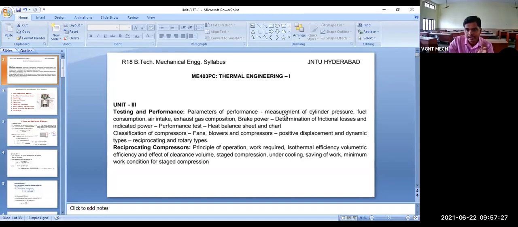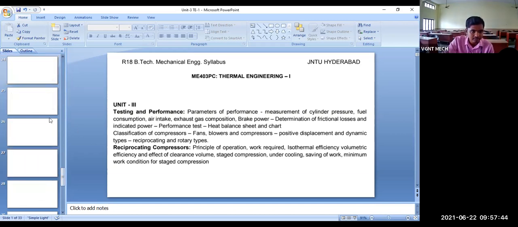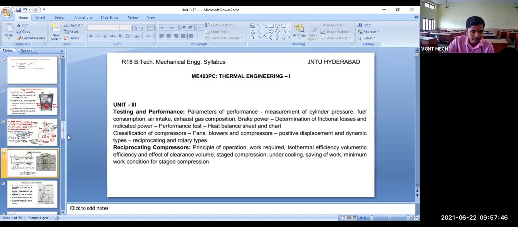Measurement: how to measure the cylinder pressure, how to measure the fuel consumption, how much fuel is consumed, and how to measure the air intake value. How much air is entering the engine cylinder, that we are going to discuss now. So quickly we will do it. It is very simple.